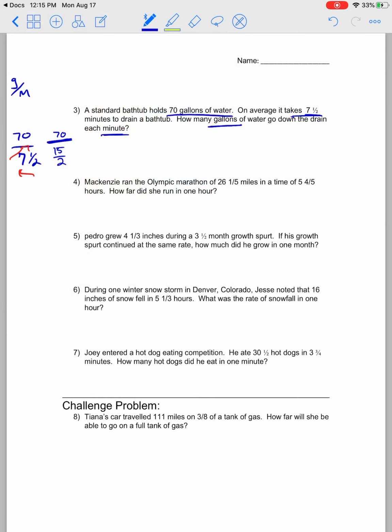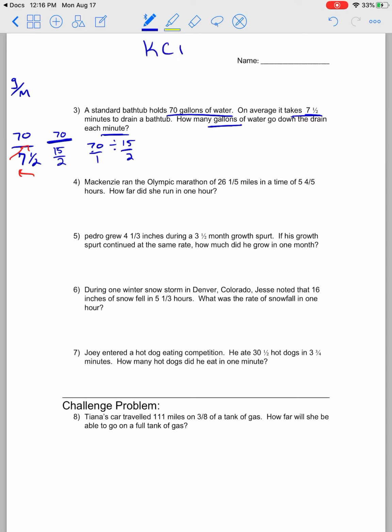Okay, so now we have 70 over 15 over 2 as a fraction. Divide the top by the bottom. Let's rewrite it. We have 70 divided by 15 over 2. And remember, 70 as a whole number can be put over top of 1 to turn it into a fraction. Now, keep, change, flip.